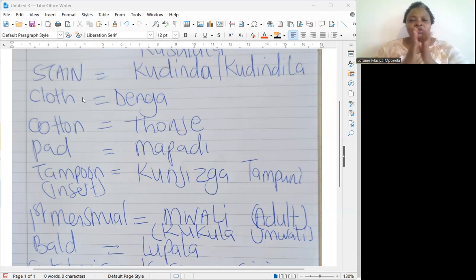So if you are using cloth instead of cotton wool or a pad or something, we call it denga. Dengarani lilikoje? Nanika dengarani huko. So you know, I'm drying my piece of cloth somewhere or something like that.